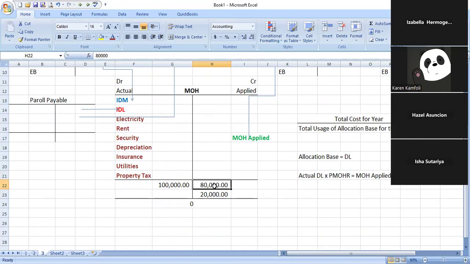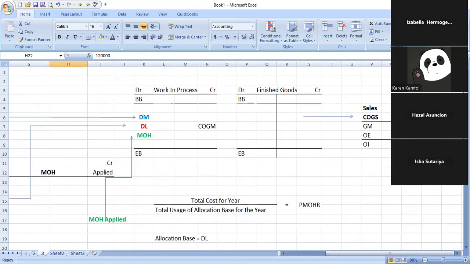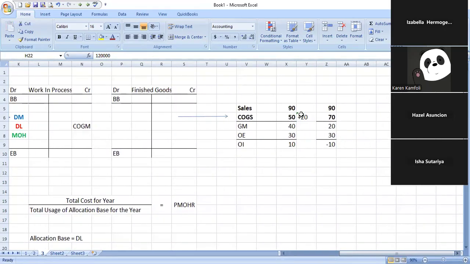Now in this case, I'm applying more. Let's say I'm applying 120. So I'm 20,000 more than I should be, correct? What's going to happen in that scenario? If this is my actual, I'm adding those 20,000 more.